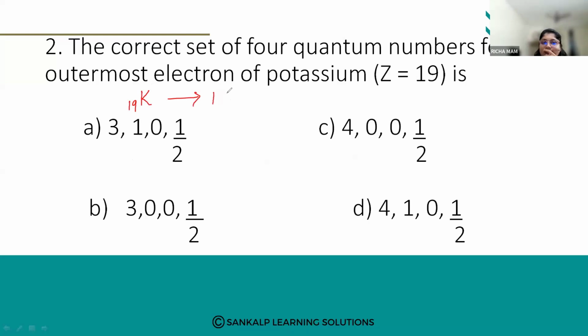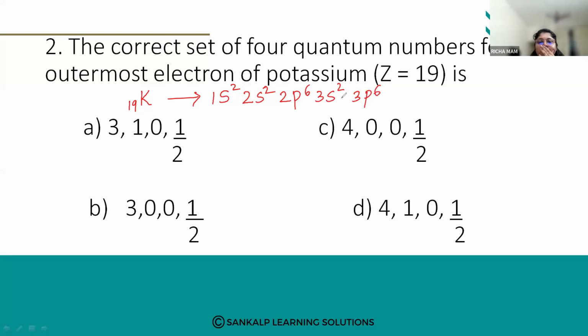Let us write. The electron filling takes place from 1s2, then 2s2, according to the Aufbau principle. The electron filling takes place from lower orbital to higher orbital. So it is 1s2, 2s2, then 2p6, then 3s2, then 3p6.